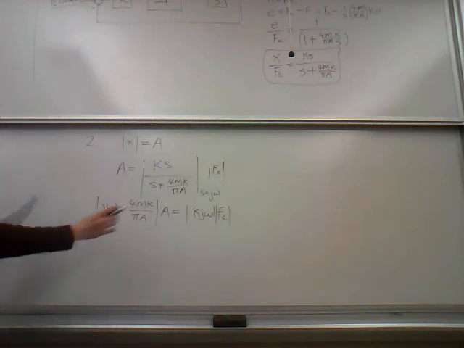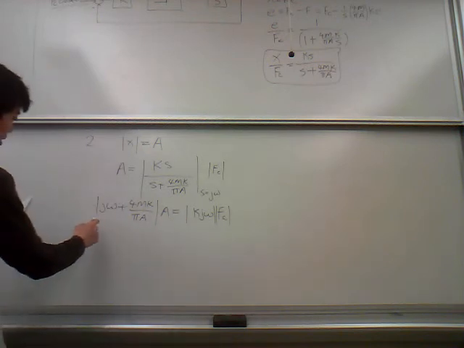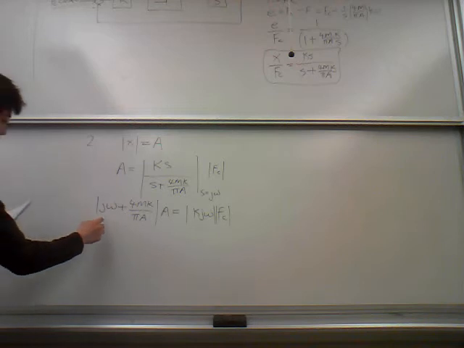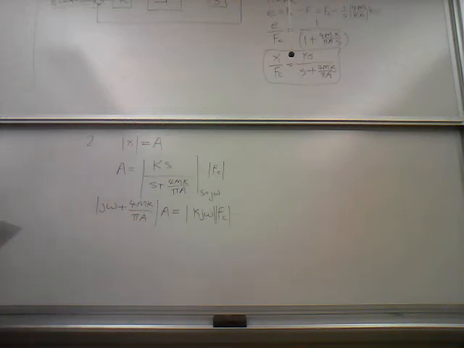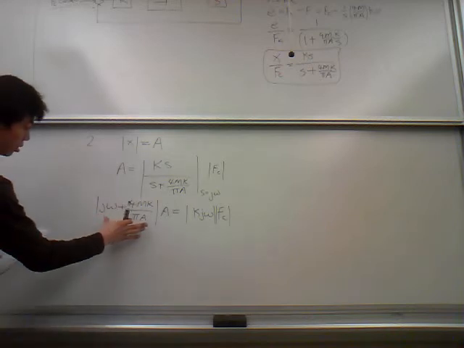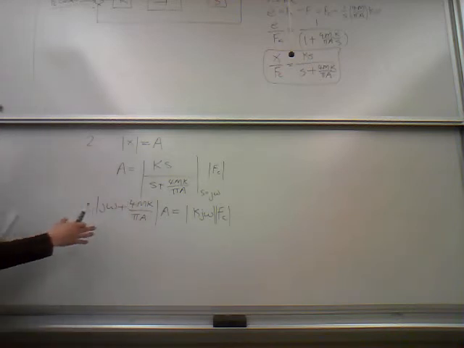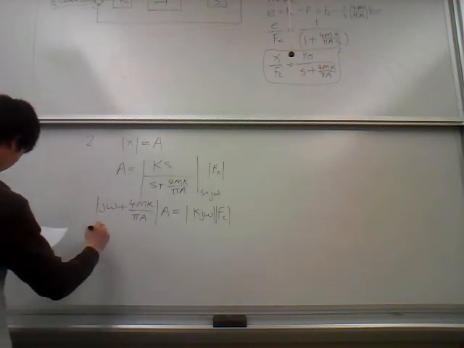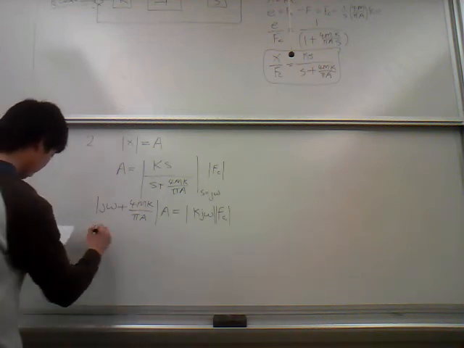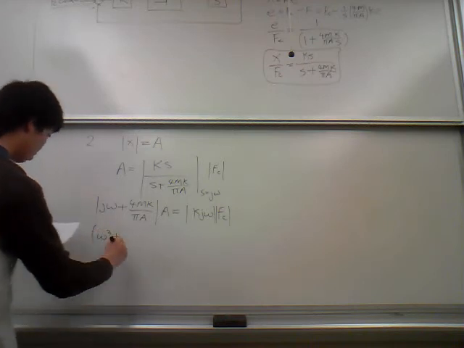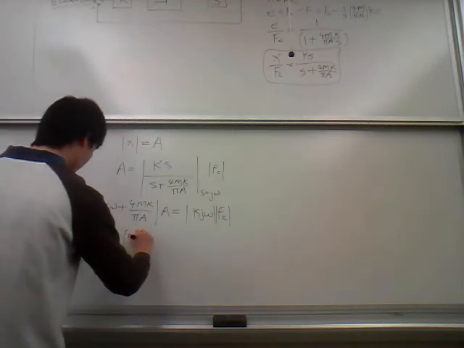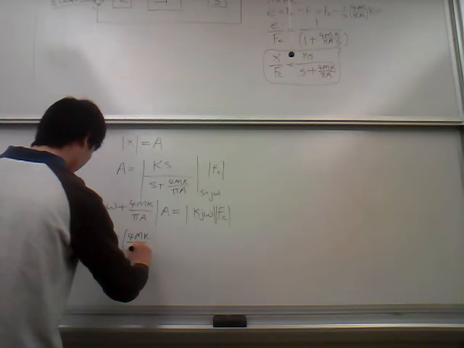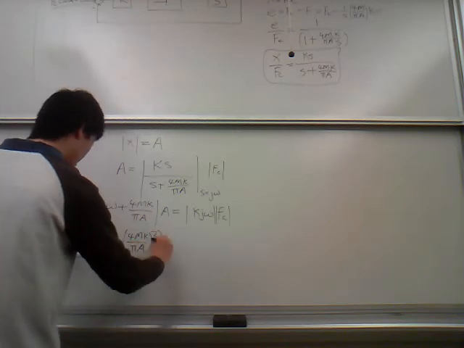I can square everything, and by squaring I mean taking the magnitude squared, which is multiplying the complex number by its complex conjugate. Right? So I get omega squared plus 4K over pi squared.